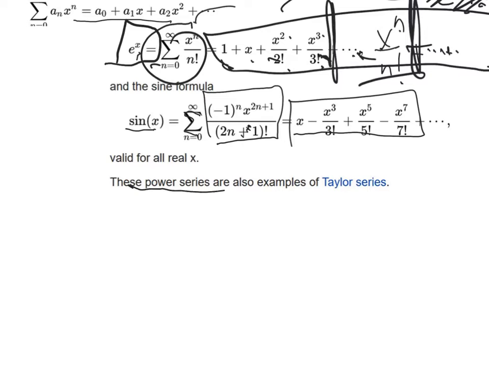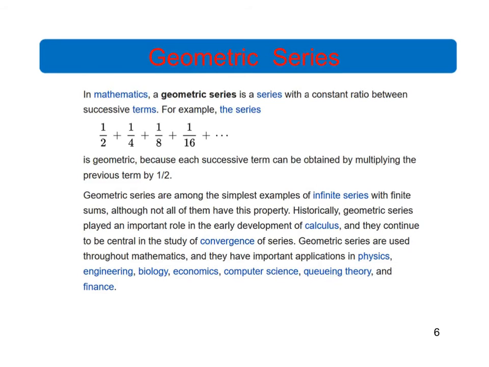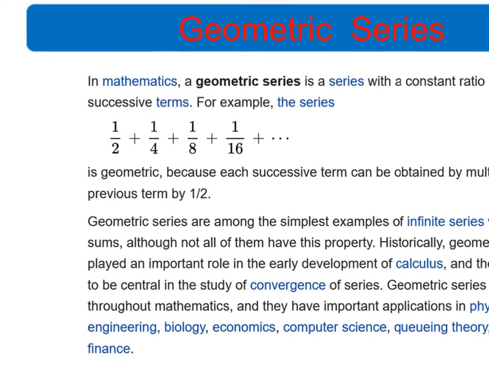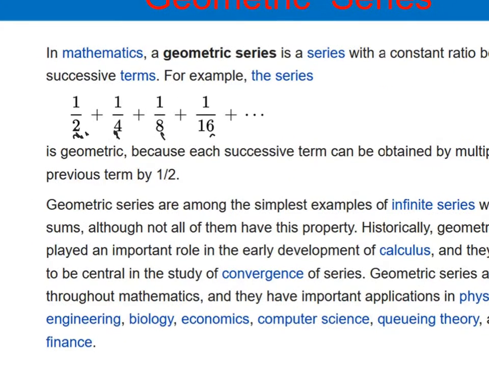These power series are examples of Taylor series. They're all Taylor series. Geometric series. Remember, you got a series that's 1/2 plus 1/4 plus 1/8 plus 1/16. What makes it geometric?